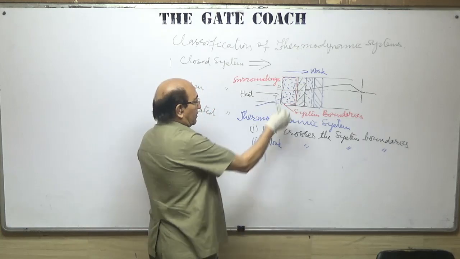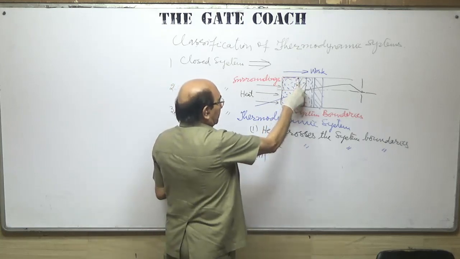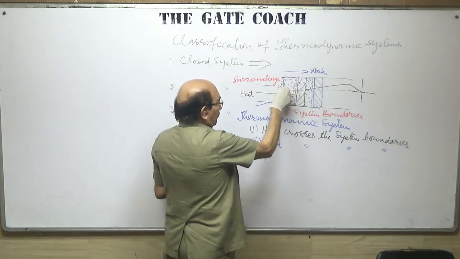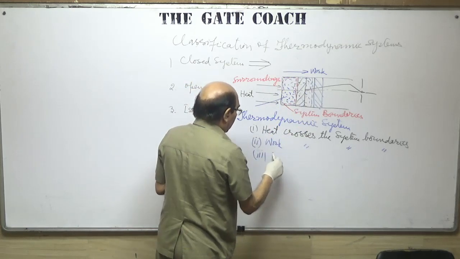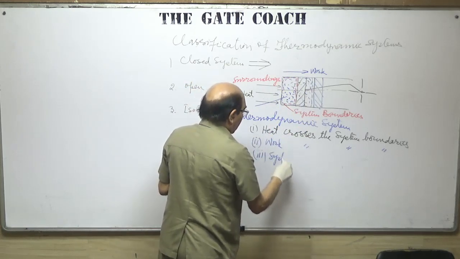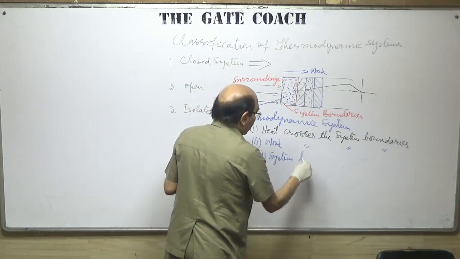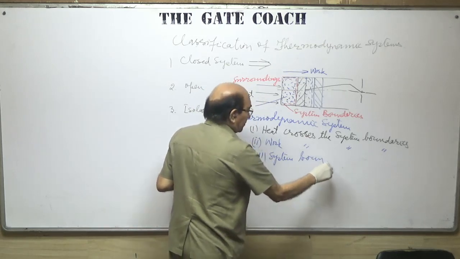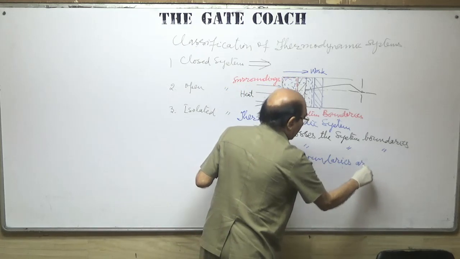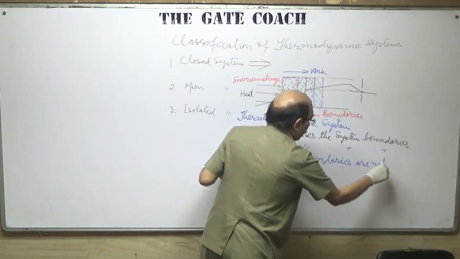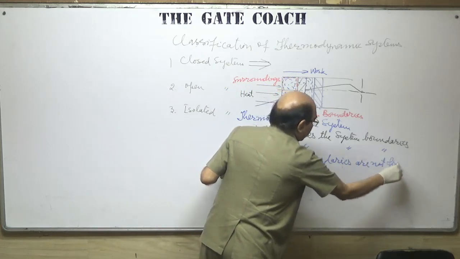And then I find that system boundaries which were selected earlier do not remain same, they get affected, establishing the new boundaries. That means system boundaries are not fixed.